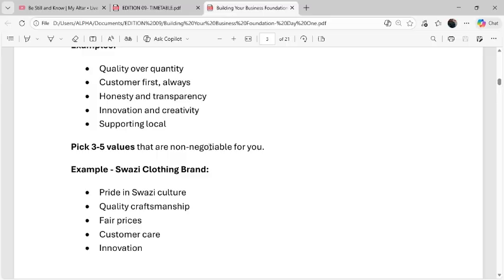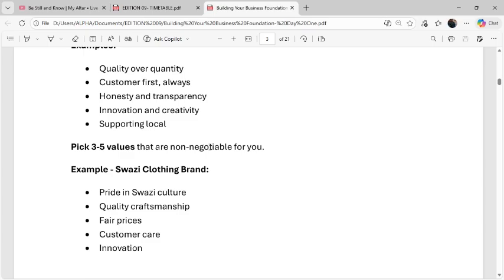So if you are producing locally, most of the time you deal with local clients, local people, because it is easy to grow a community. Swaziland is too small, by the way. So if Swaziland is too small, it means it is very, very easy for us to know each other, to build a community. Everyone knows someone. So make sure that we are supporting local.